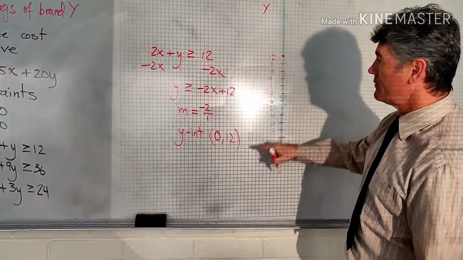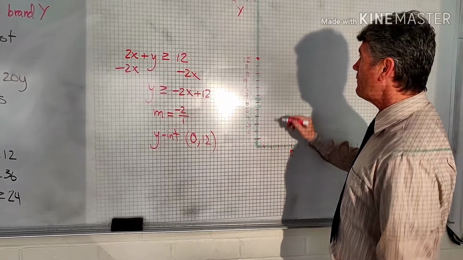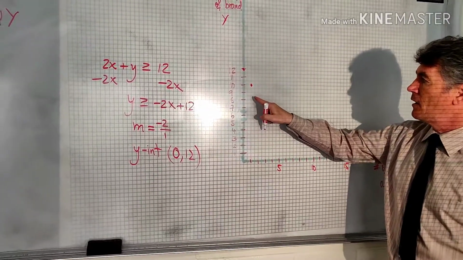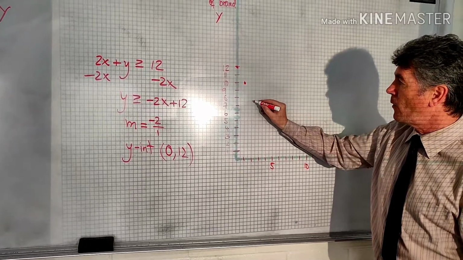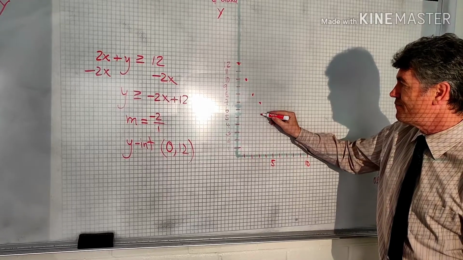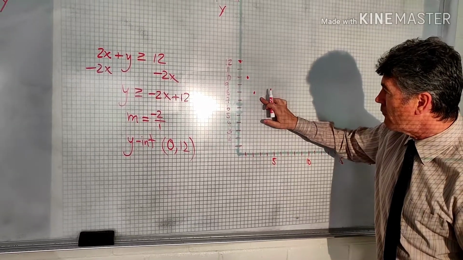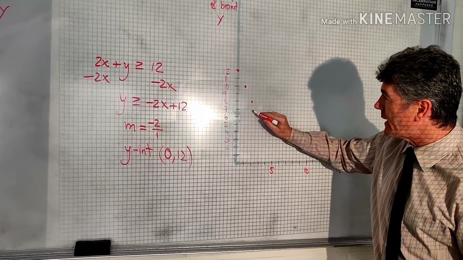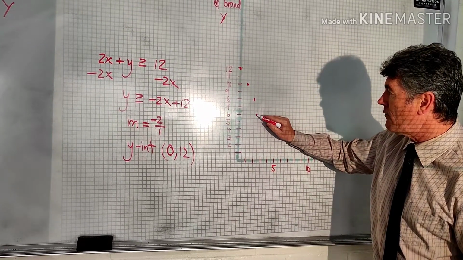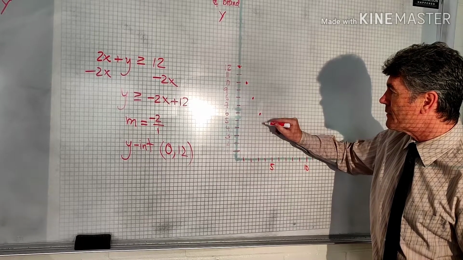We start at the y-intercept, and from there we go 2 units down, 1 to the right, 2 units down, 1 to the right. Oh, that was bad. I only went 1 unit down, so I want to go 2 units down, 1 to the right.